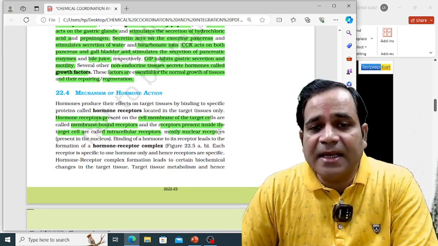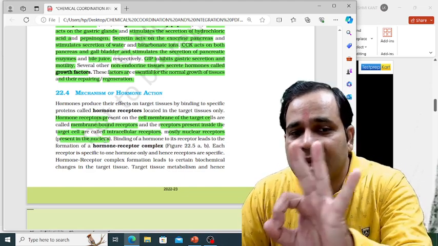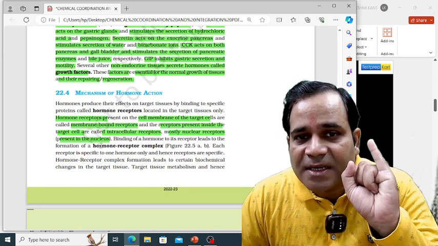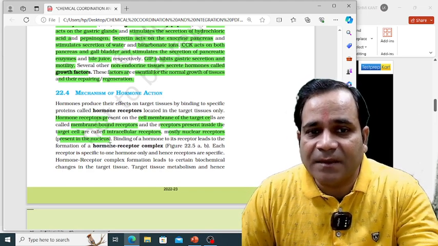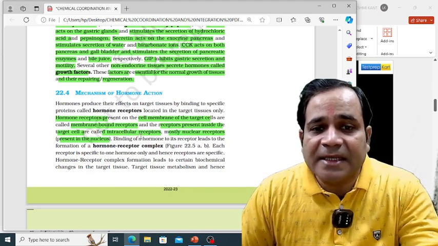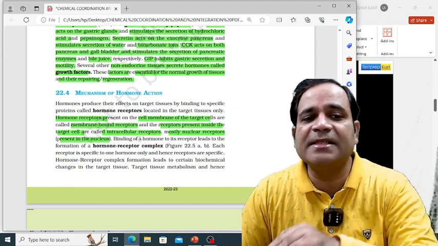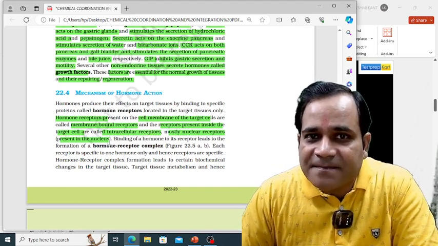So mostly the nuclear receptor is present in the nucleus. There are three types of receptor. Membrane bound receptor is basically found on the cell membrane of the target cell. Second one is intracellular receptor, mainly present inside the target cell. And third one is the what? Nuclear receptor, mainly present in the nucleus.